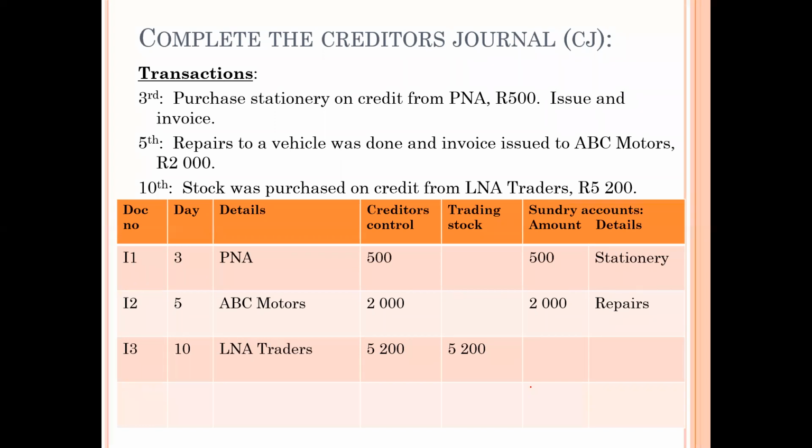I'm going to repeat it. Your date is the 5th. It's invoice 001. And you purchase equipment from ABC Traders for 5,000 rand.